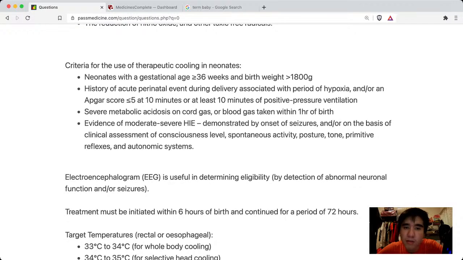History of acute perinatal event during delivery associated with a period of hypoxia. Acute perinatal event during delivery, such as shoulder dystocia, associated with a period of hypoxia, or an APGAR score of less than 5 at 10 minutes, or at least 10 minutes of positive pressure ventilation.